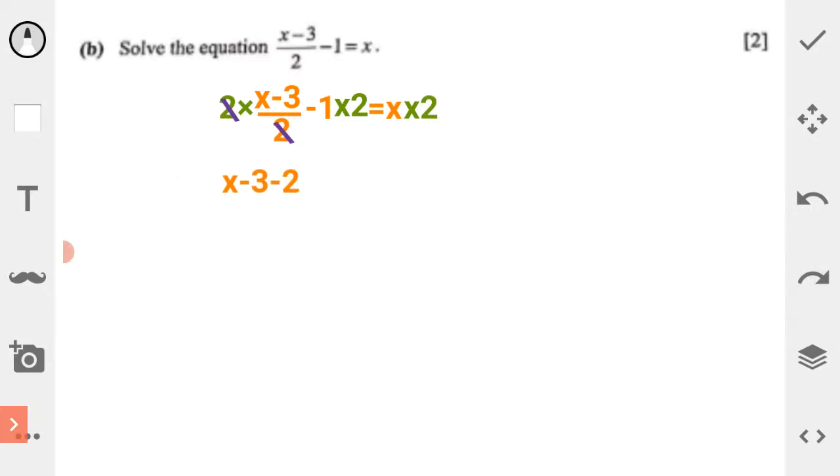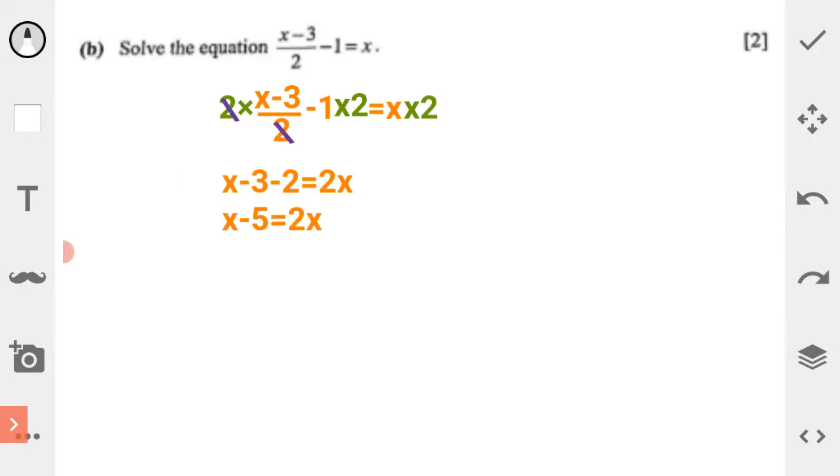When you multiply negative 1 by 2 it will give us negative 2, which will be equal to x times 2, which gives us 2x. Now I'm going to evaluate negative 3 minus 2. Let me write x. Then negative 3 minus 2 will give me negative 5, which will be equal to 2x.